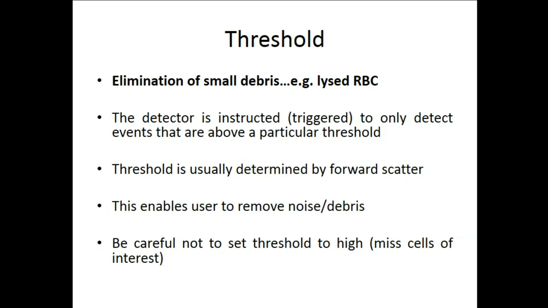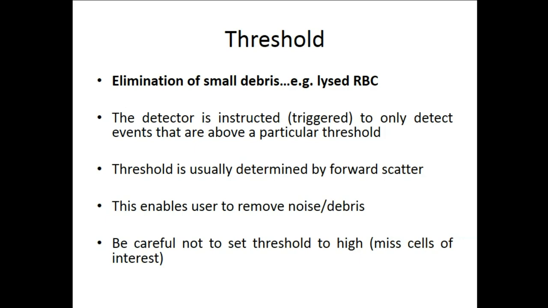Say for instance, red blood cells. When you're measuring CD4 and CD8 cells, you have no interest in measuring red blood cells. Threshold gives us the option not to measure red blood cells, but to focus on the leukocytes or the lymphocytes.